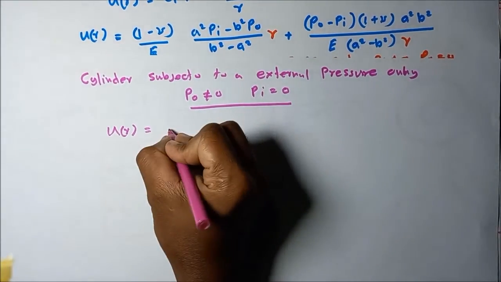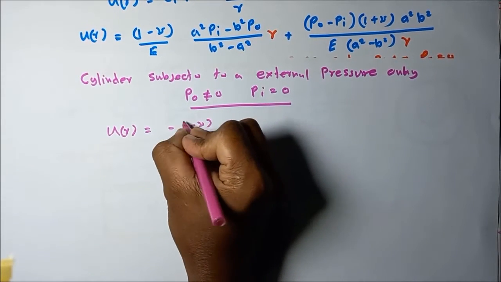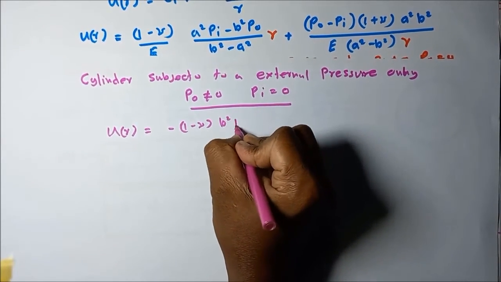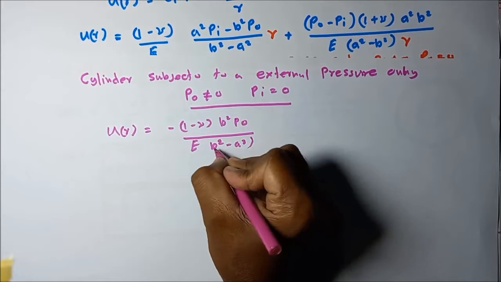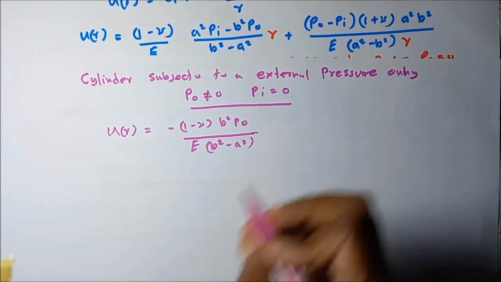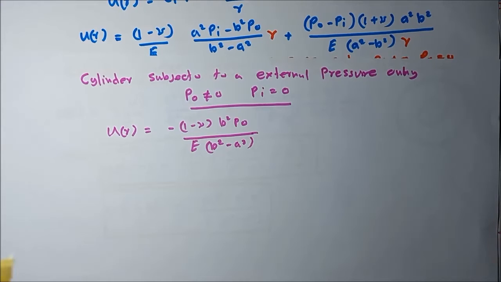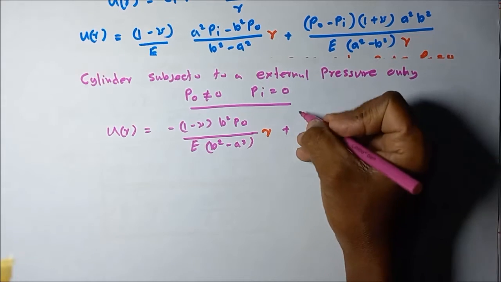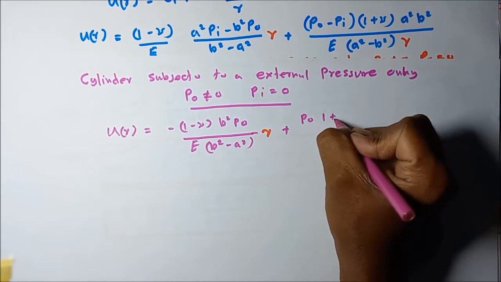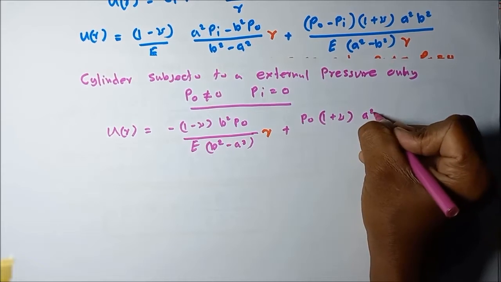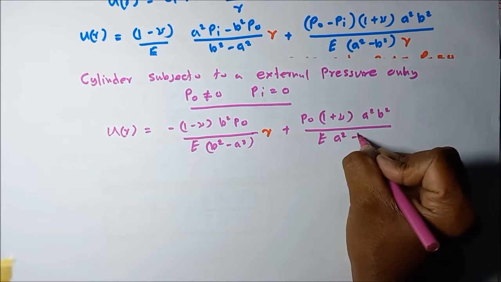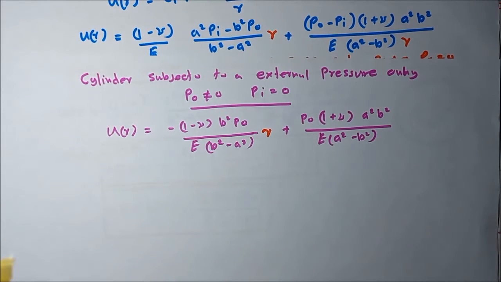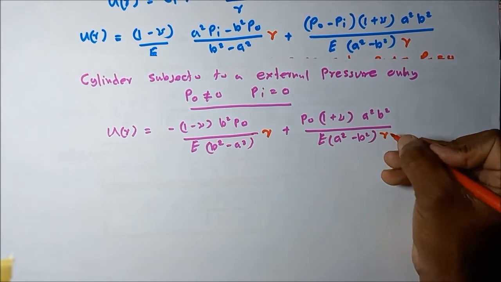I will directly write it: minus (1 minus nu) b square Po divided by E (b square minus a square) into variable r, plus Po (1 plus nu) a square b square divided by E (a square minus b square) into 1 by r.